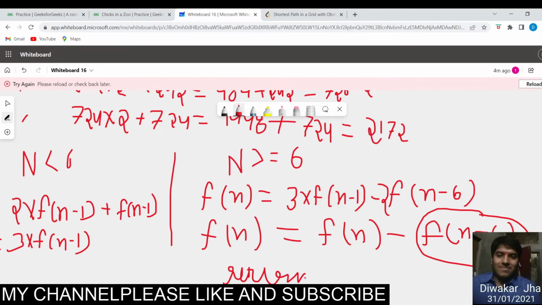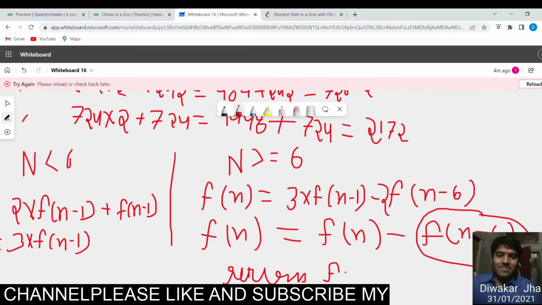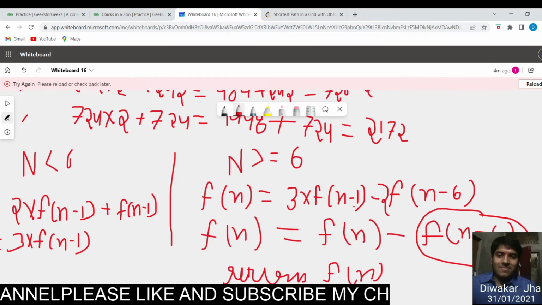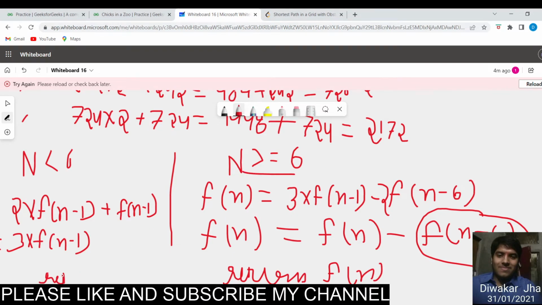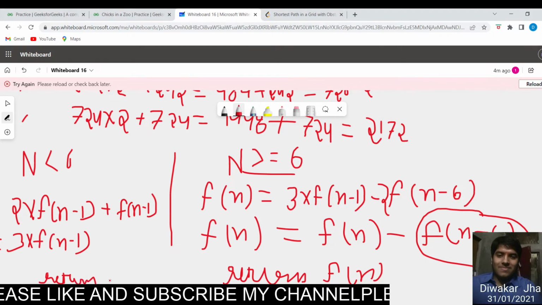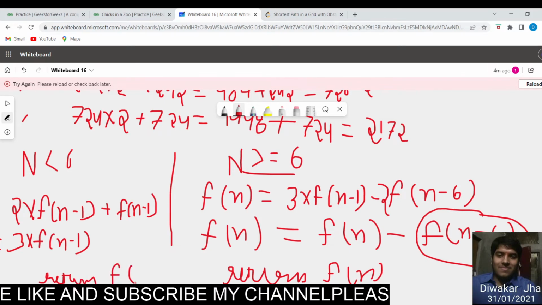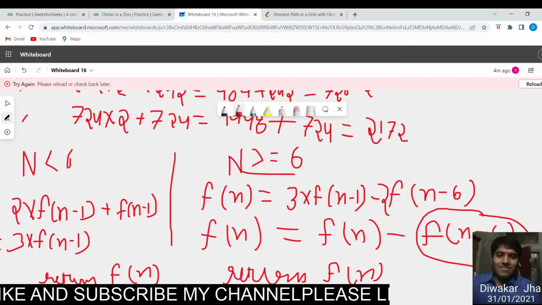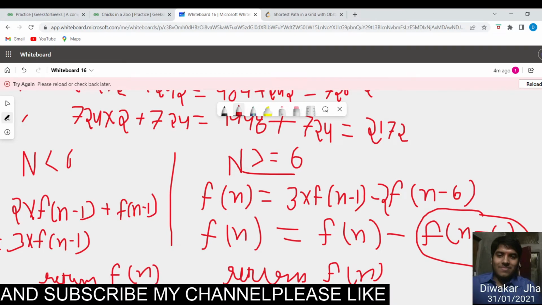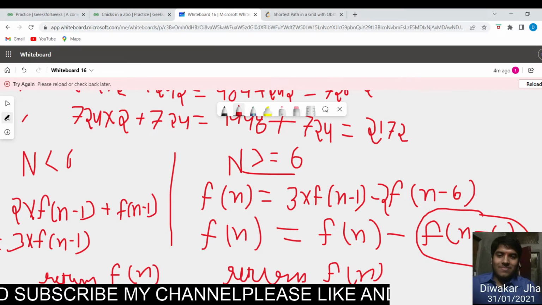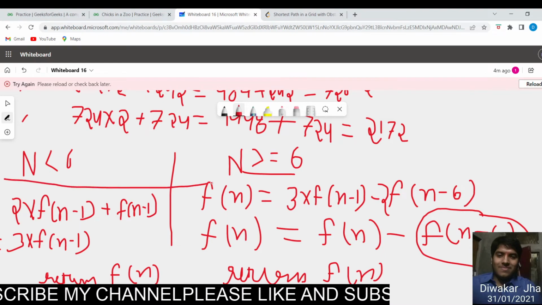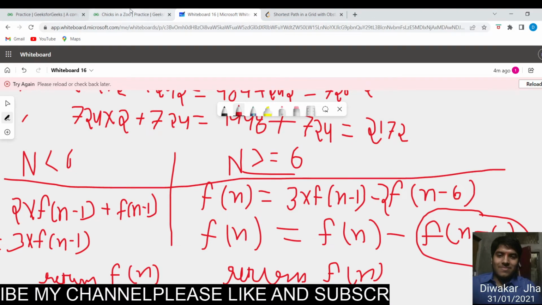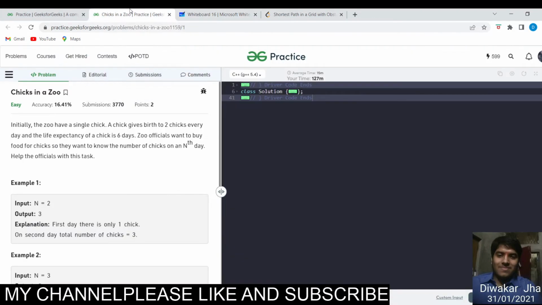In this way, this is the function for n greater than or equal to 6, and this is for n less than 6. Okay, so we have to return it two ways. I hope you all understood the concept of the logic, so how can we code it? So let us discuss the coding part.